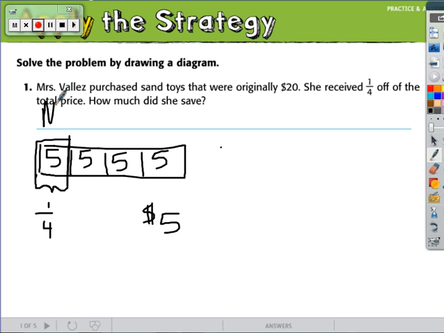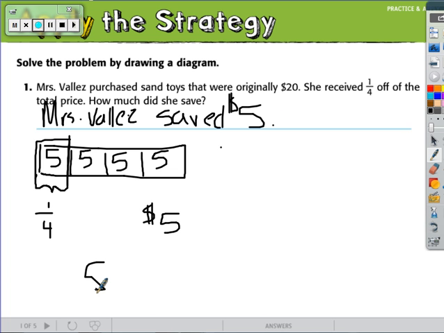So Mrs. Valles saved $5. Now we want to know if this is correct. So what we have to do is 5 times 4 equals 20. I did a weird way.